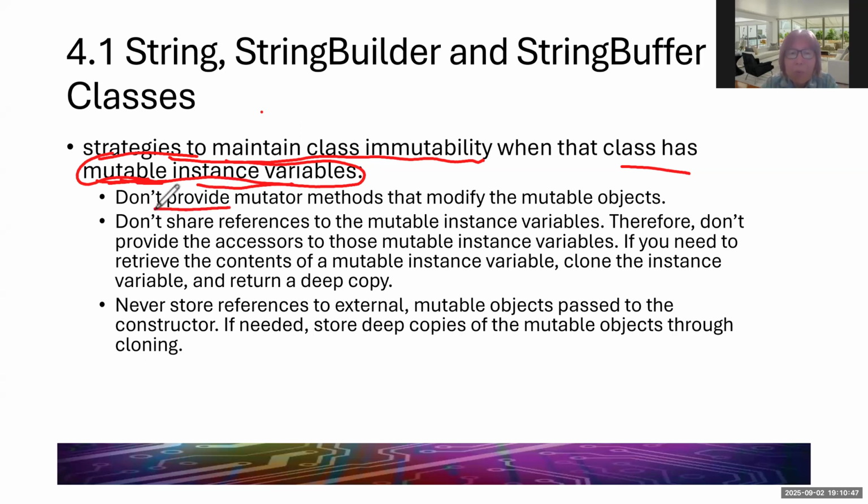One is that we don't provide mutators, so that you cannot modify the instance variables. The second strategy is don't share references to the mutable instance variables. What does this mean? It concerns your accessors.